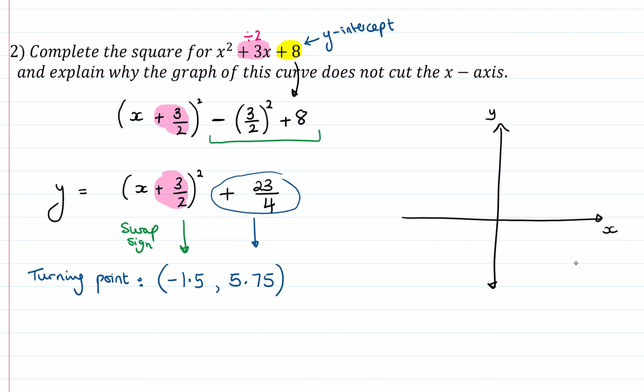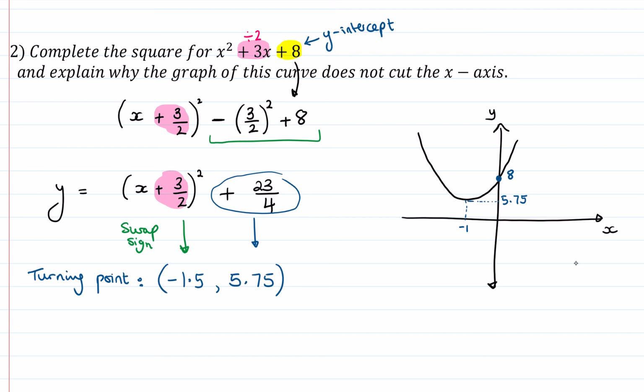So that means that the graph is going to cut at y and turn. So that's 8, and maybe that's -1, and that's 5.75. And it's a U shape, it's a positive quadratic.